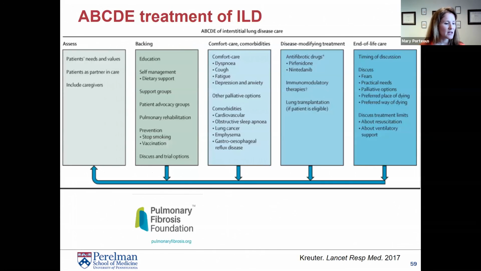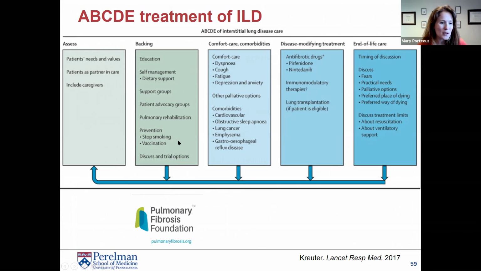I put this up in terms of the ABCDE bundle. This is something that any provider can do and help with at some point along this continuum. Assess the patient's needs. Back them: give them some education, support groups, and advocacy groups, and send them to pulmonary rehab to improve their endurance. Vaccinate them, which is a whole lot that we won't talk about right now.